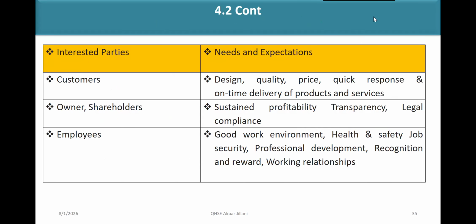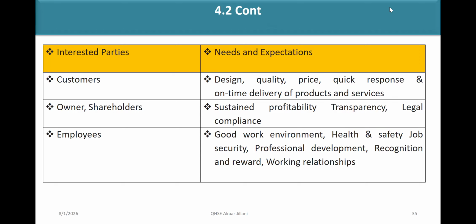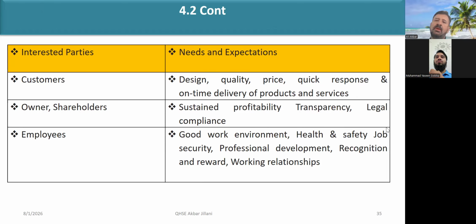After they left our organization, believe me, we got a great loss. Sometimes people resign from our organization and we suffer. That's why in the current ISO standard, they call these stakeholders.